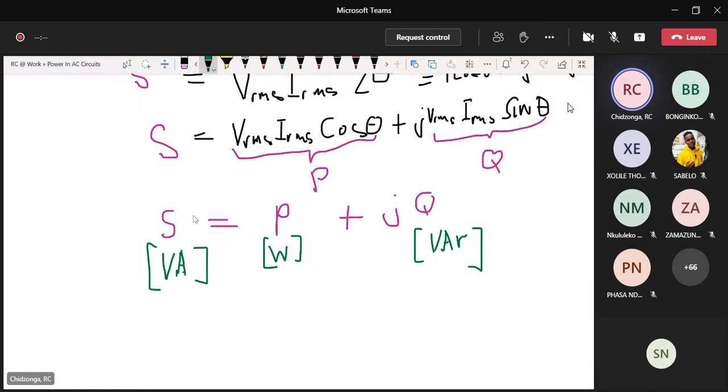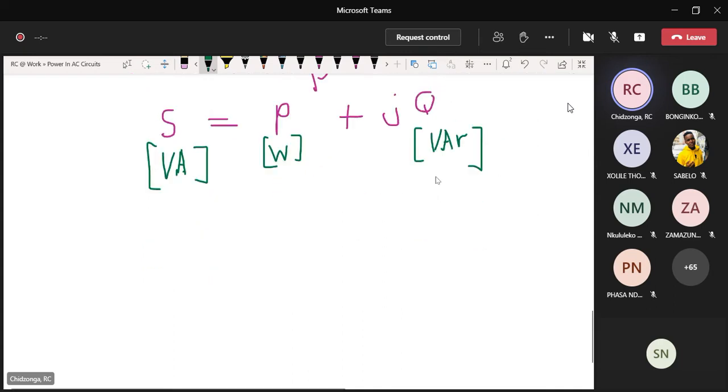So S, P, Q. This part here is called reactive power. This part here is the real power.